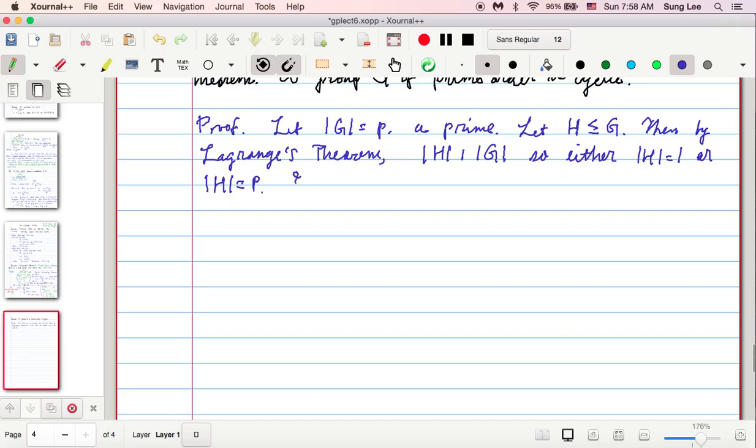So if we pick an element a which is not the identity element in G, the cyclic subgroup generated by a is a subgroup of G, but since a is not the identity, it must be the same as the group G itself.